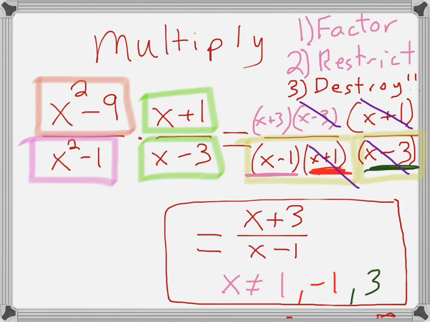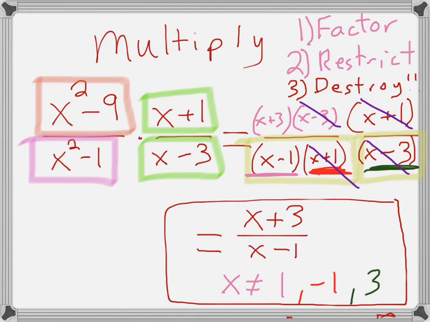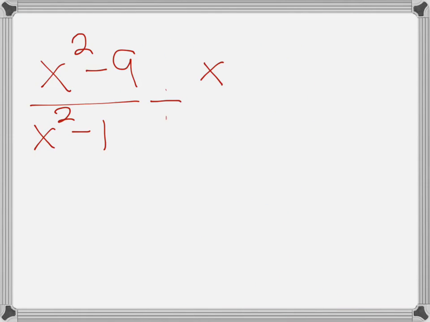All right, we're going to look at one more example. x squared minus 9 over x squared minus 1 divided by, let's see, what was the last problem? x minus 3, x plus 1 over x minus 3. So let's make it x minus 3 over x plus 1.